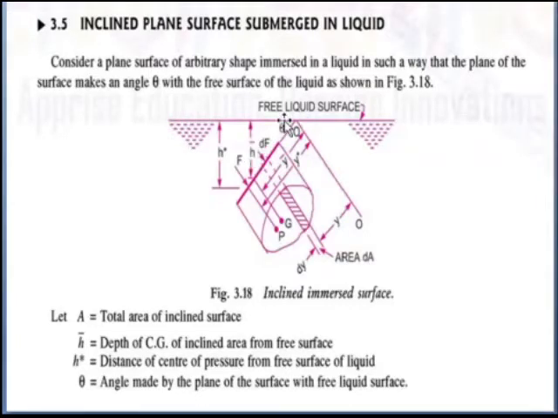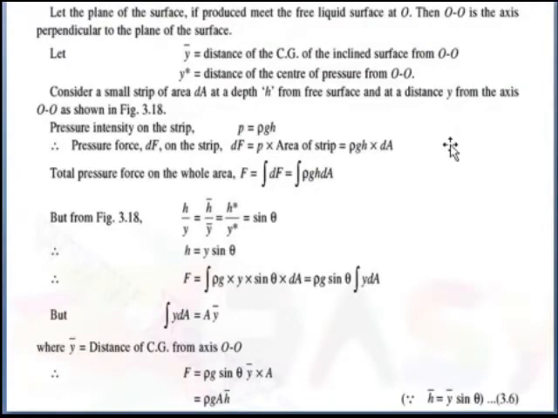Theta is the angle between the plane of the surface and the free surface of the liquid. Then we have to calculate the total pressure force and the center of pressure.